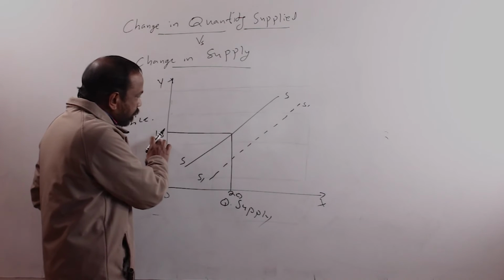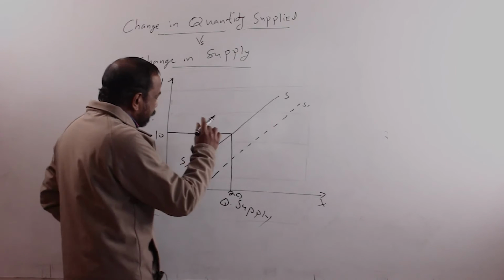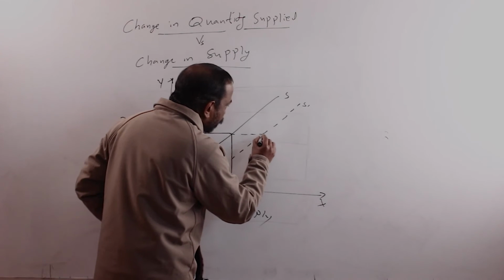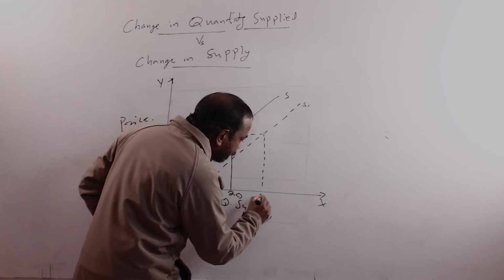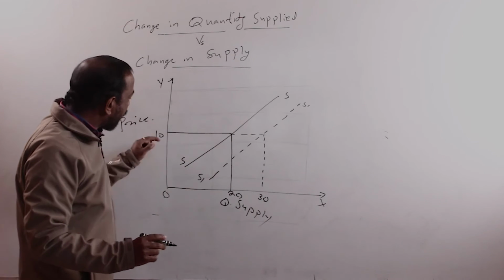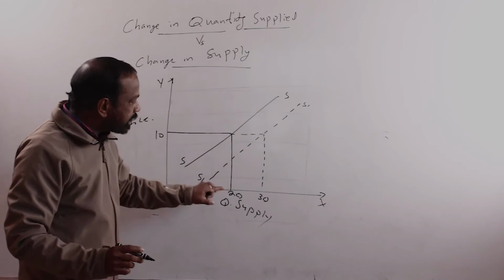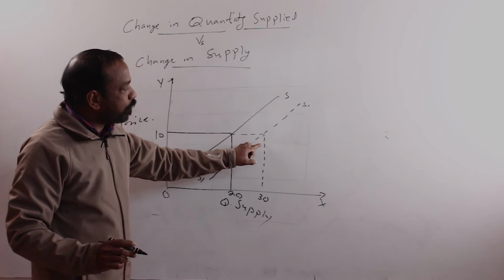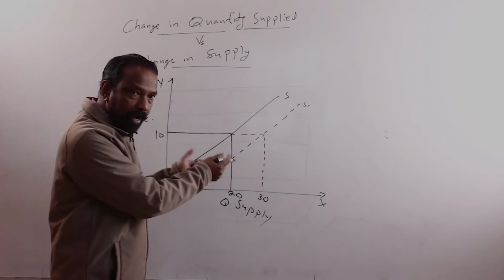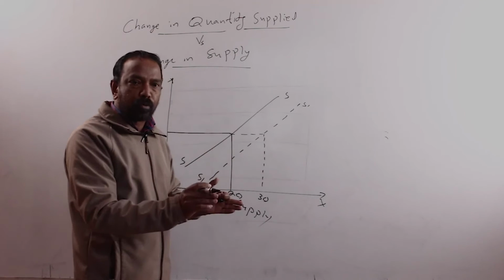Then look at, this is our price. With this price we supplied more, that is 20 to 30. Look at, price remains the same. We supplied more. Our supply curve shifted downwards because of, now I gave the example, the government removes tax.